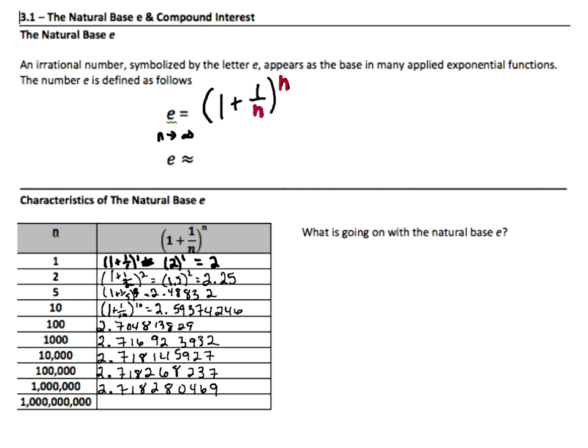Let me do this a different way. 1 divided by 1 billion, that's 1, 2, 3, 4, 5, 6, 7, 8, 9 zeros, and raise that to the 1 billionth power.